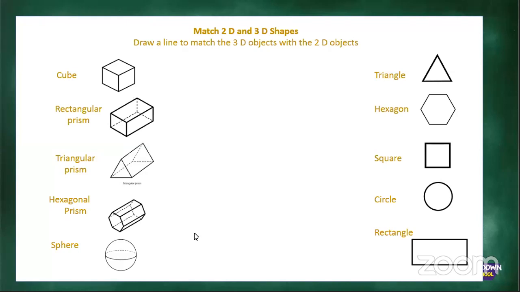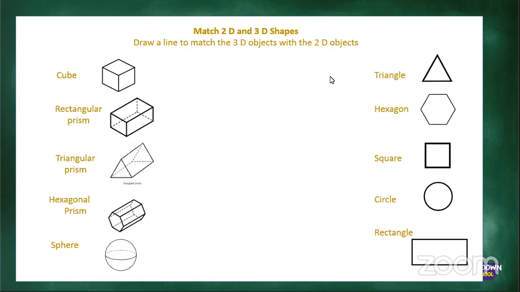If you're matching a cube and a circle, you will write cube or circle on the chat box, and then I'll read the answers out and give the correct one. Also, if you want to raise your hand, that's another option. But just so we do not run out of time, can we quickly have the answers for the first one?